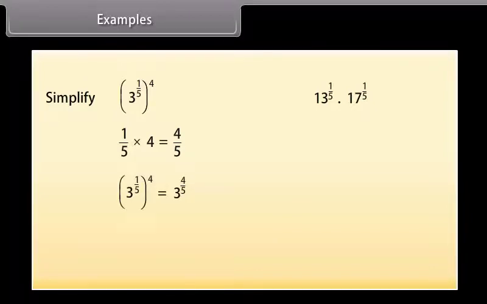So its answer is 3 raised to the power 4 by 5. Now look at the second example. 13 raised to the power 1 by 5 multiplied by 17 raised to the power 1 by 5 is equal to 13 multiplied by 17 whole raised to the power 1 by 5, which is equal to 221 raised to the power 1 by 5.